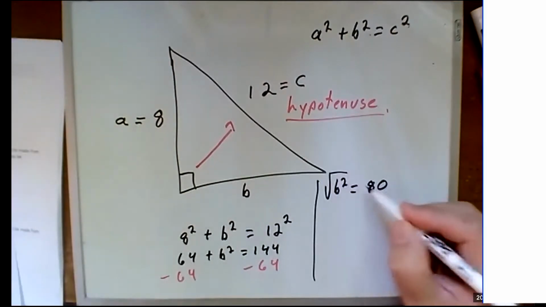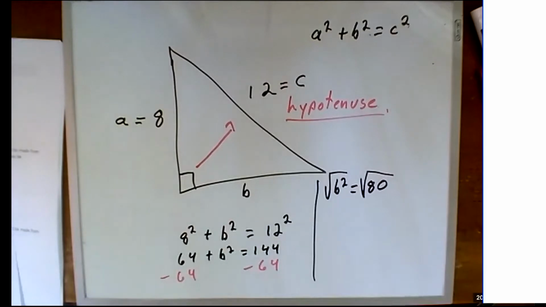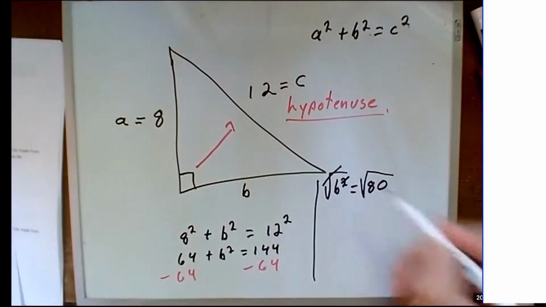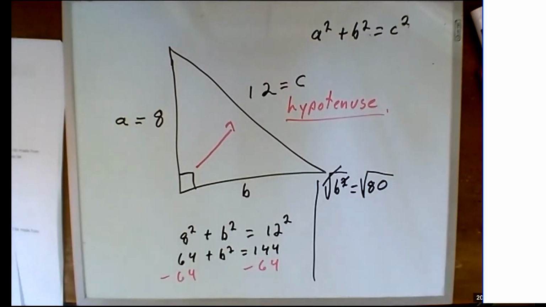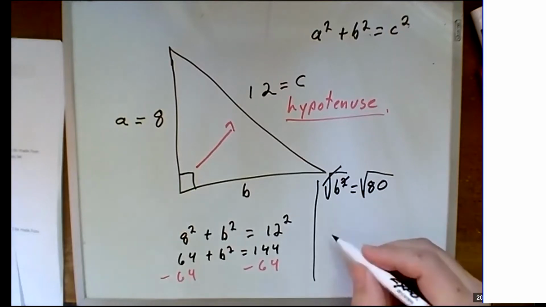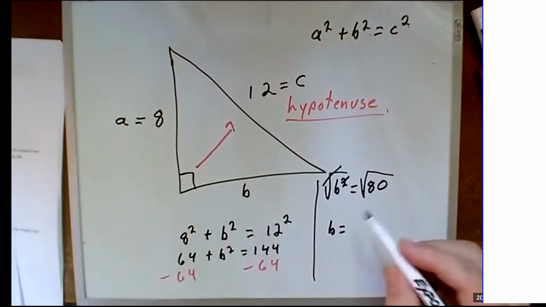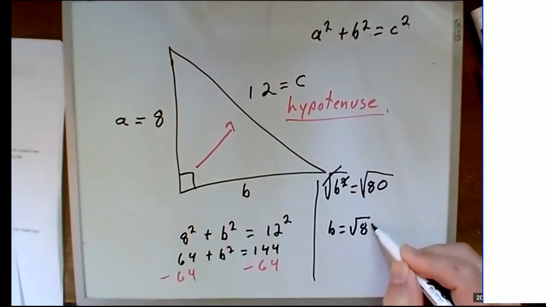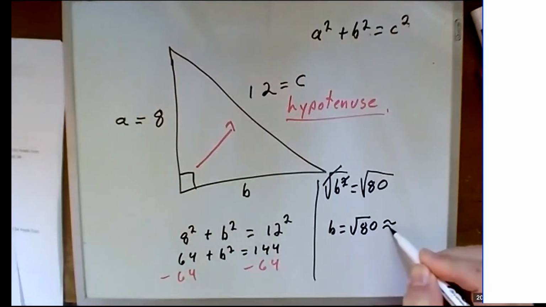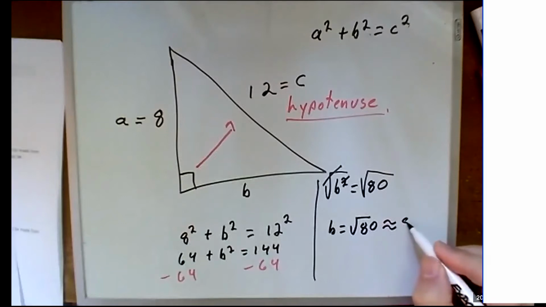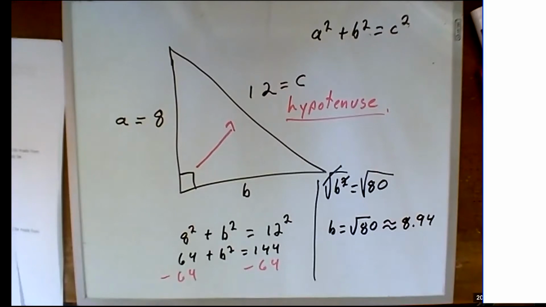So we'll take the square root on both sides of that. The square root cancels out the squares. Trust me on that one. We'll talk about more of that when we get to that portion of the course. But that essentially means that b is equal to the square root of 80, or approximately 8.94.